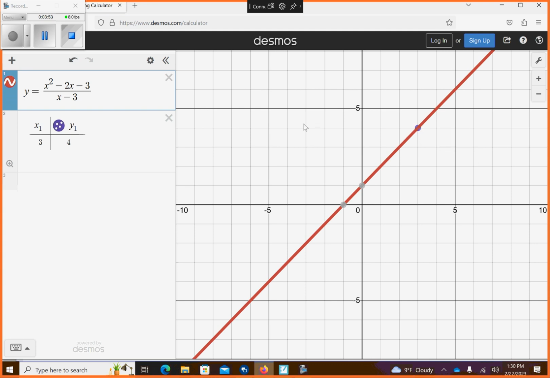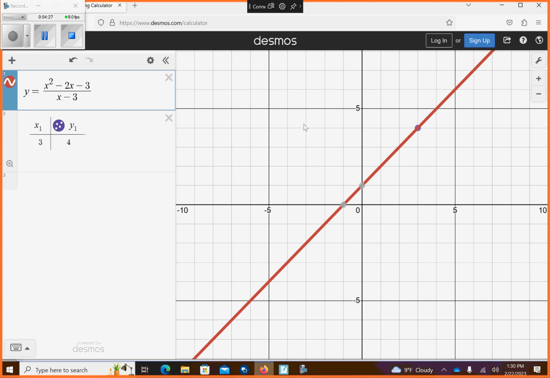So our limit as x approaches 3, because 3 is where the hole exists, my limit is 4. I'm approaching it from either side. If you've ever skied or snowboarded, you hit a hole, you know you hit a hole, right? Or a hidden rock, you know you hit that hidden rock.